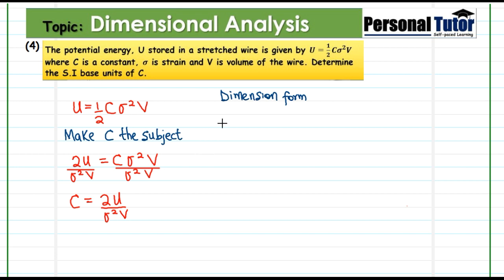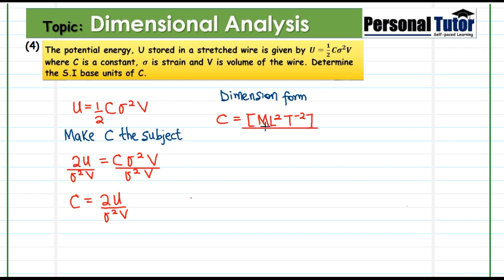And doing so, you then write C equals, the 2 is a number and is a dimensionless quantity. The U is energy or potential energy, whose dimensional equation is M L square T minus 2. That is it for the numerator.